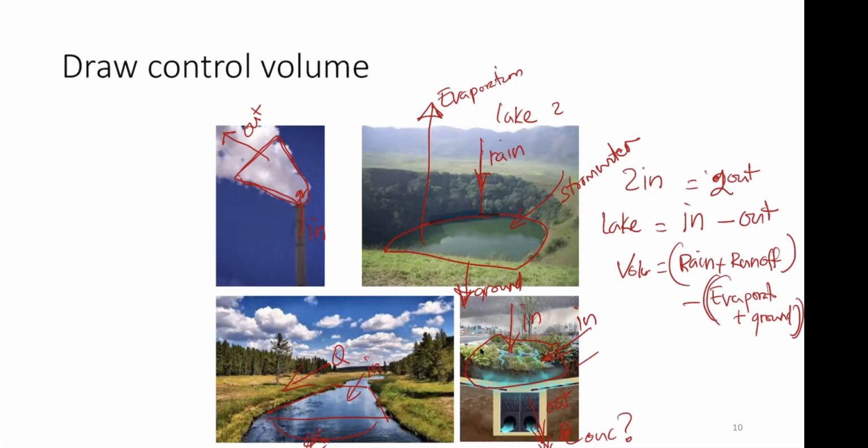Control volume means the boundary of the water that you are interested in. The boundary I draw is that small garden or the small ditch. It could be arbitrary, whatever you choose, as long as you define it, then you know what is in and out.